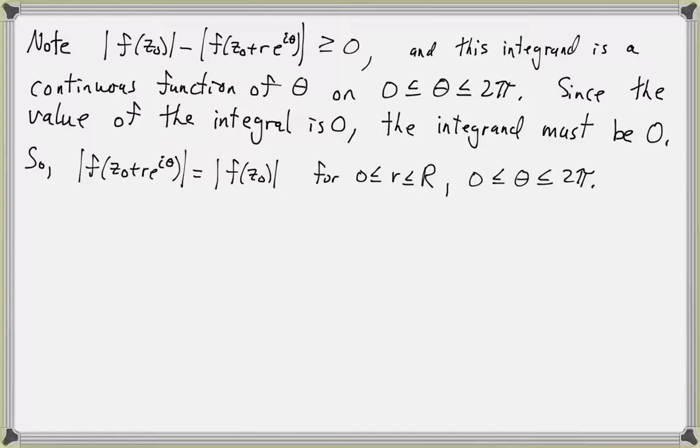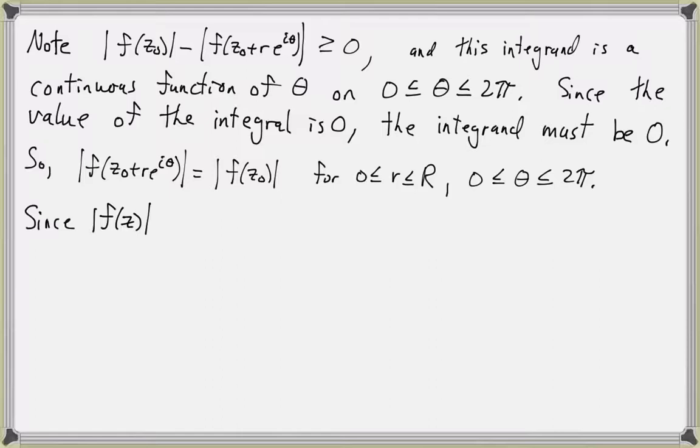So we see that the absolute value of f is constant on the disk centered at z0 with radius capital R. But we've already showed that if the absolute value of a function is constant in a disk, then the function must be constant in the disk as well.